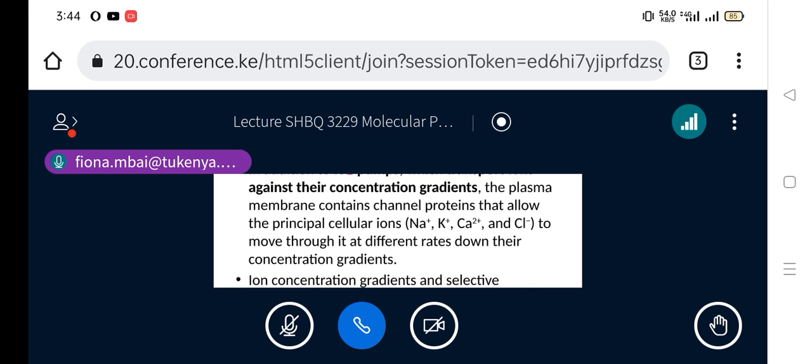In addition, of course, to ion pumps, which transport ions against their concentration gradient, the plasma membrane contains channel proteins that allow the principal cellular ions, sodium, potassium, calcium, and chloride, to move at different rates down the concentration gradient. All those co-transport and exchange mechanisms we've just gone through.